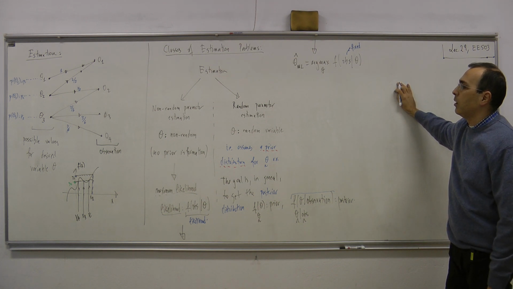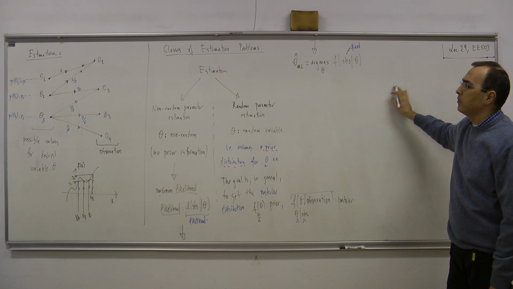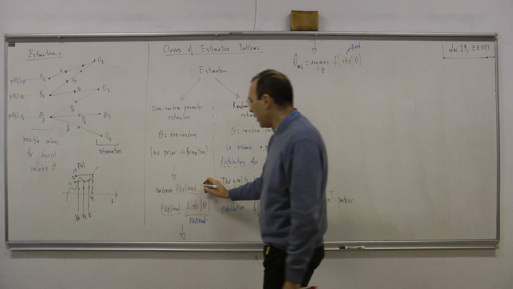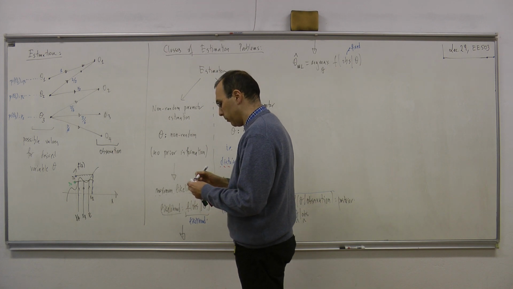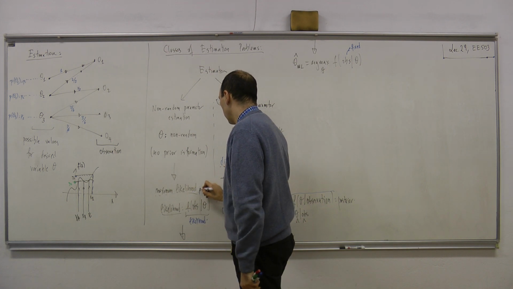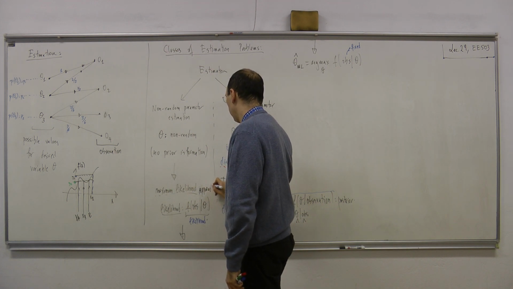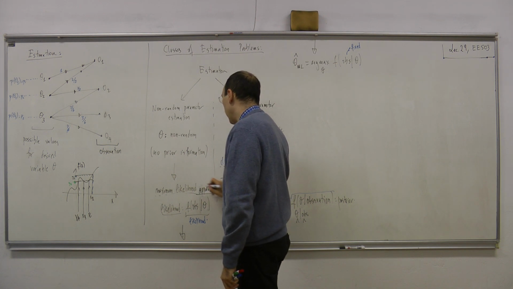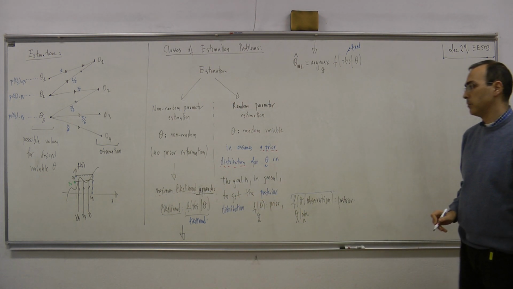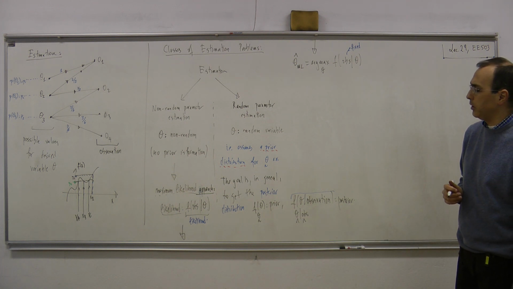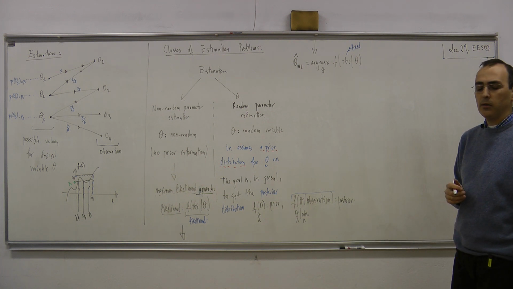But, well, this maximum likelihood is an approach that has no optimality guarantees. You may be surprised, it looks like a reasonable thing to do, but it has no optimality guarantees. What does it mean?